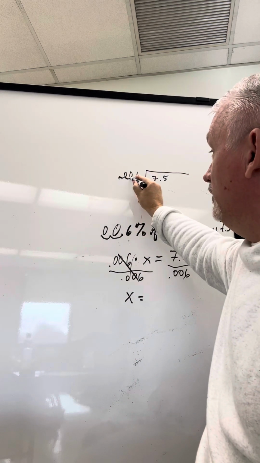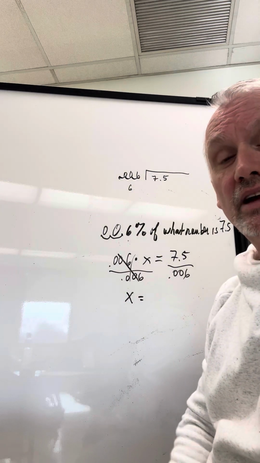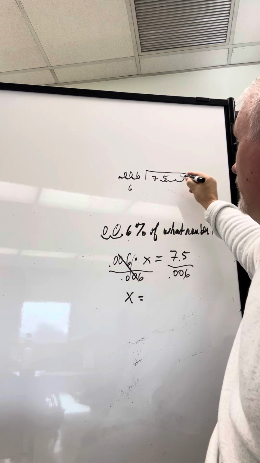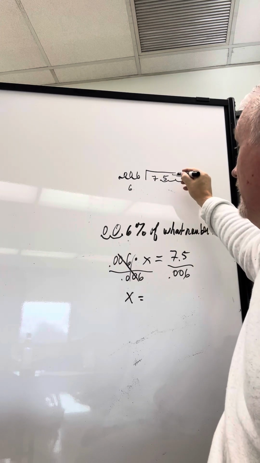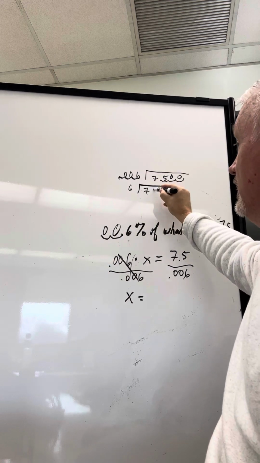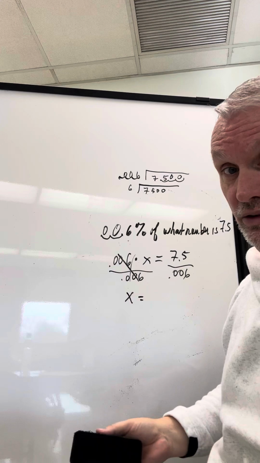I'm going to move it 1, 2, 3 to get that 6. But whatever you do on the outside, you have to do on the inside. 1, 2, 3. Oops, there's no zeros there, so add some zeros. So 6 now divides into 7,500. Now I'm going to erase this up top so it doesn't get confusing.